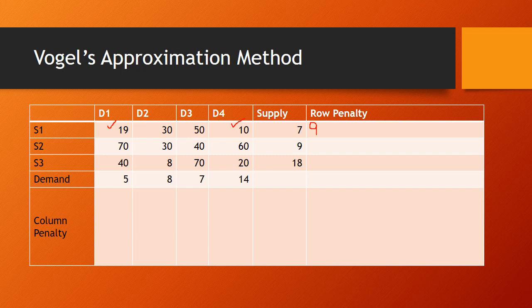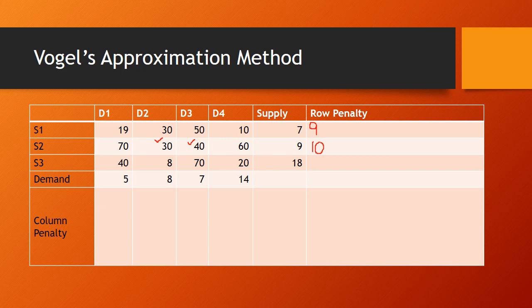Moving to the next row, which is S2. In row S2 the least value is 30 and the second least value is 40. So the difference is 40 minus 30, which is equal to 10, and 10 is the penalty of this row.